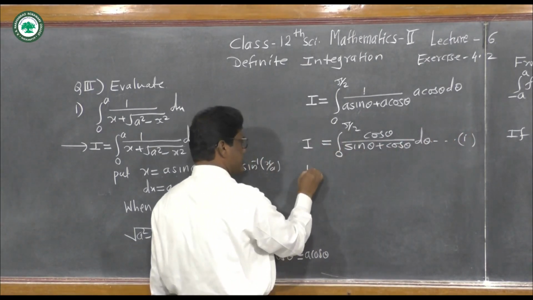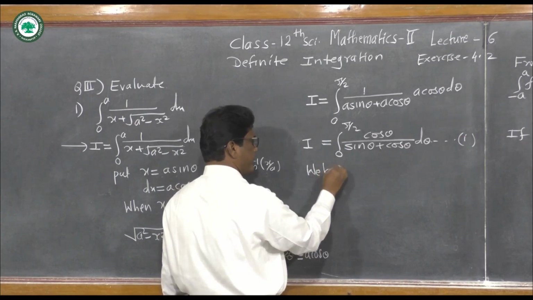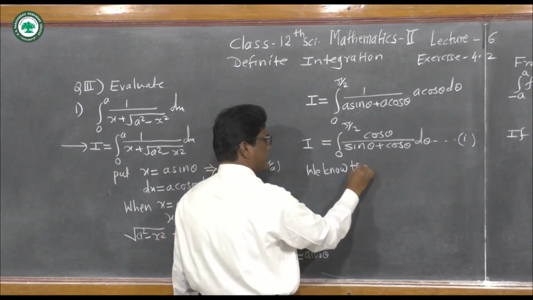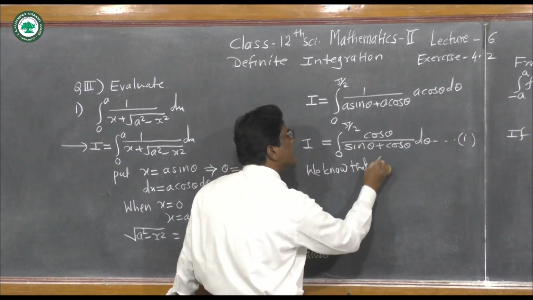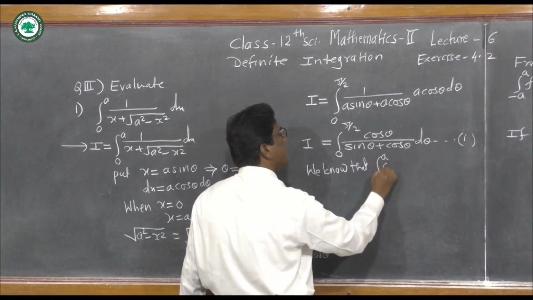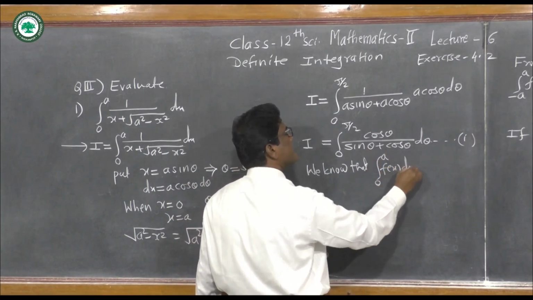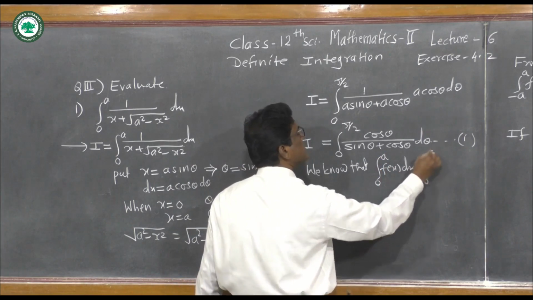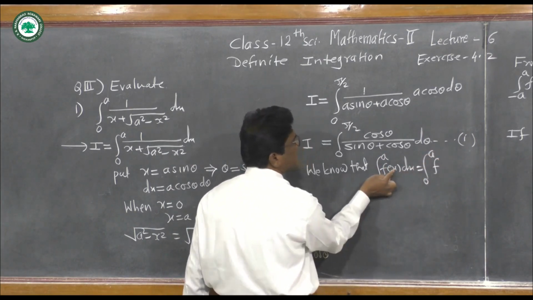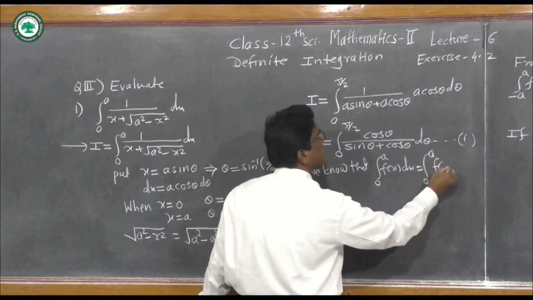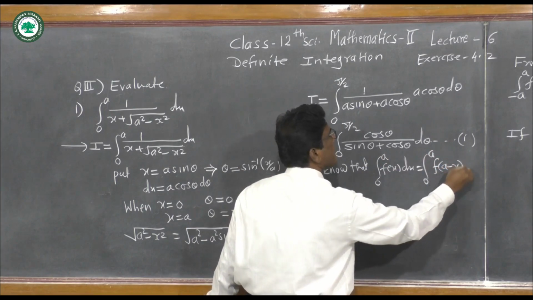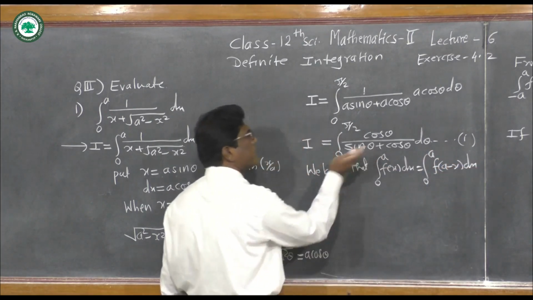Now we know the sixth property: integration from 0 to a of f of x dx is equal to integration 0 to a of f of a minus x dx. Use this property here.